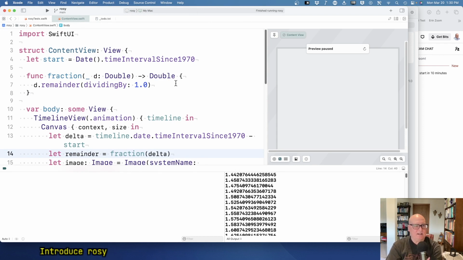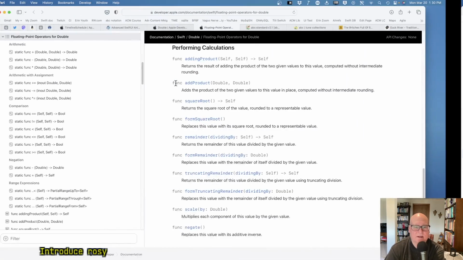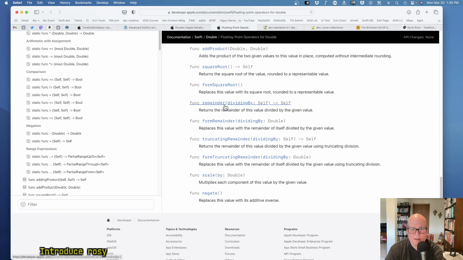If we take a value divided by 1, you get the value back, so there's no use in that. I keep thinking there's got to be a way to do this. Remainder. Well, maybe something like this: remainder of this value divided by the given using truncating division.